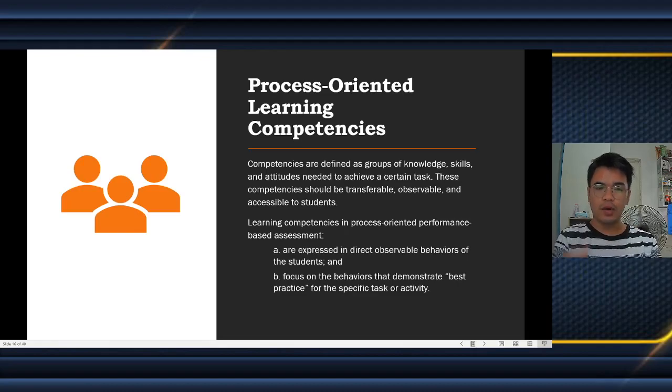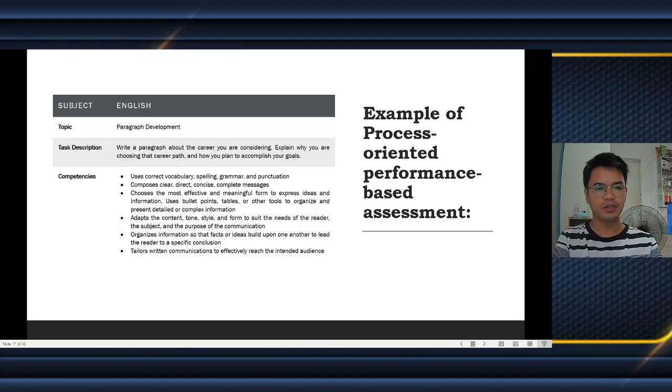Okay, the quality of the process, what process should be followed. Okay, what is the task all about. Okay, so that makes the competency specific. Okay, and yun nga, yung best practice is sinasabi natin yung standard of practice. Okay, the standard.